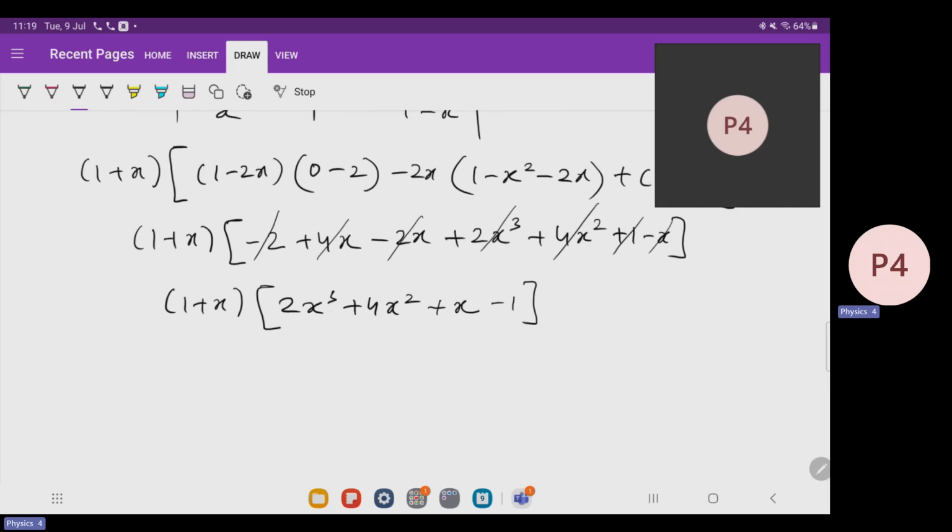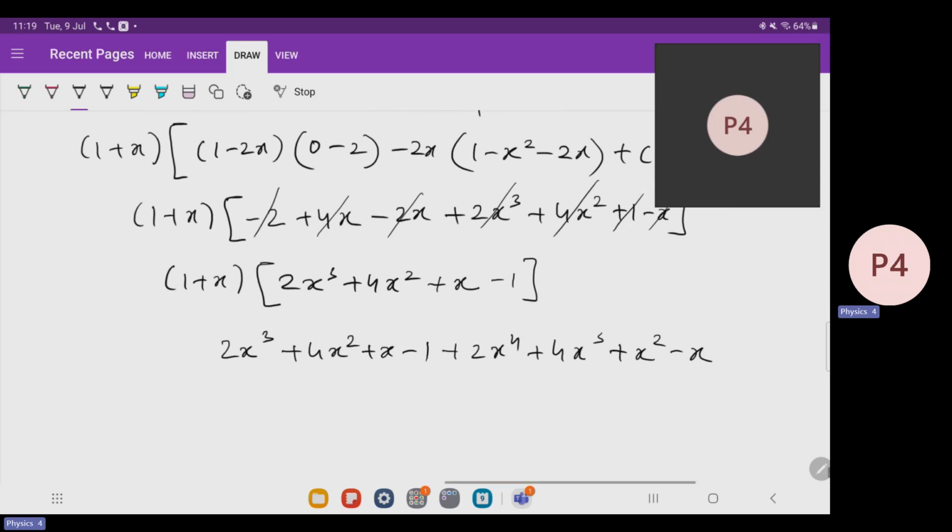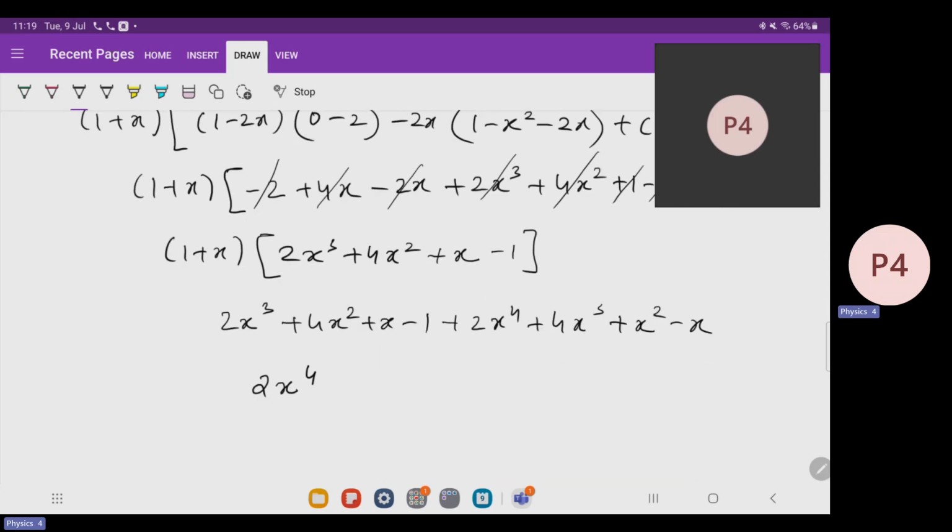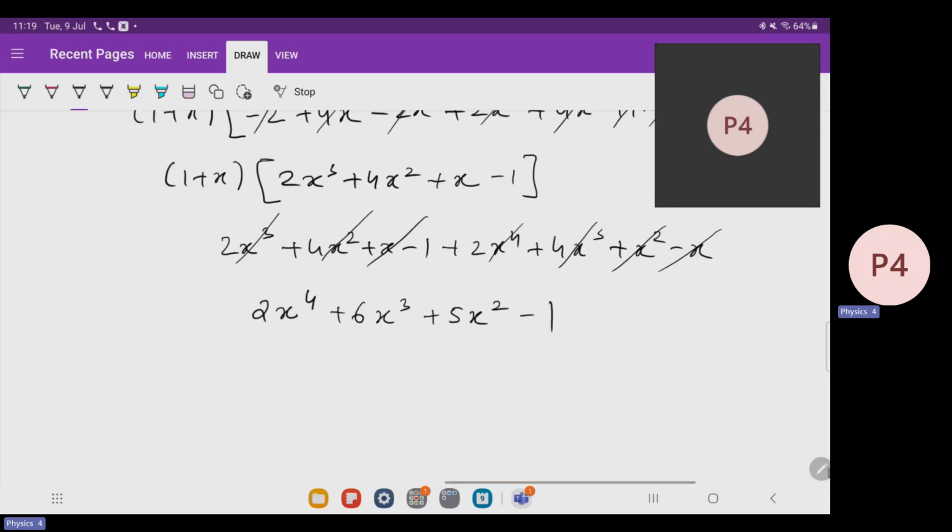Now expanding this again, so we have 2x cube plus 4x square plus x minus 1 plus 2x raised to 4 plus 4x cube plus x square minus x. So we have 2x raised to 4, 2x cube plus 4x cube, this is 6x cube, 4x square plus x square, this is 5x square, x and minus x gets cancelled. So we are left with minus 1.